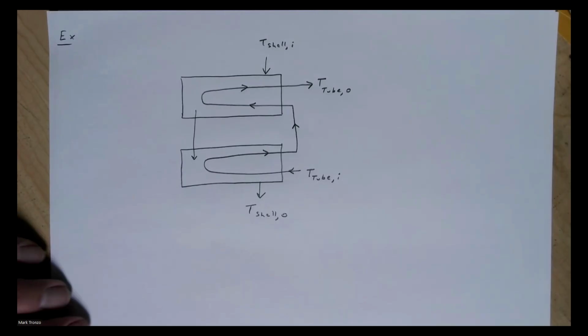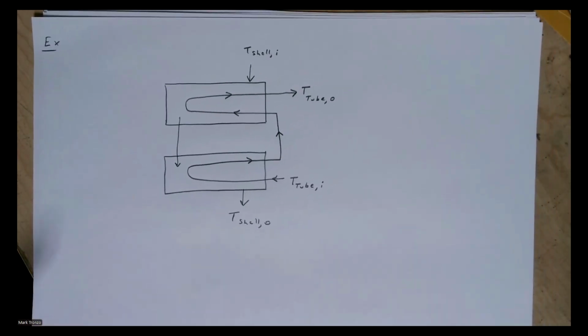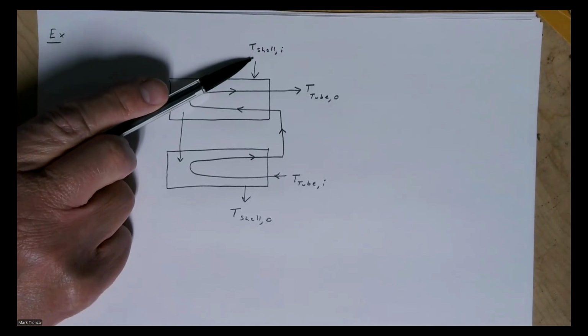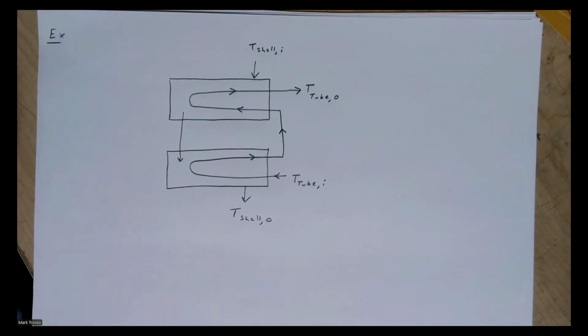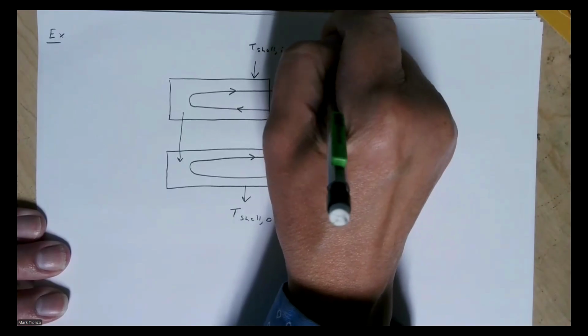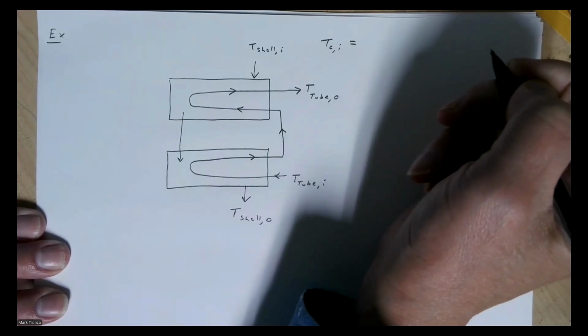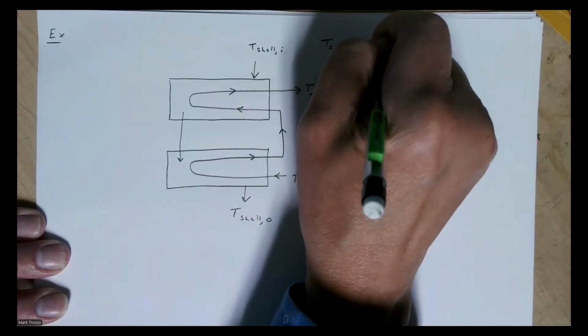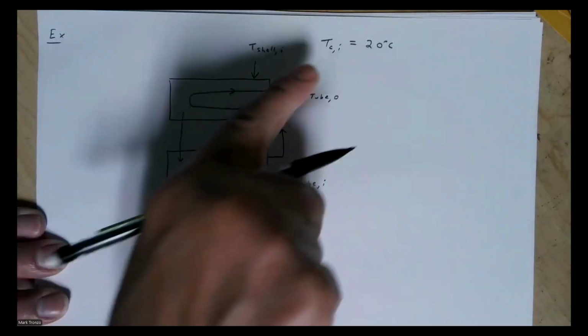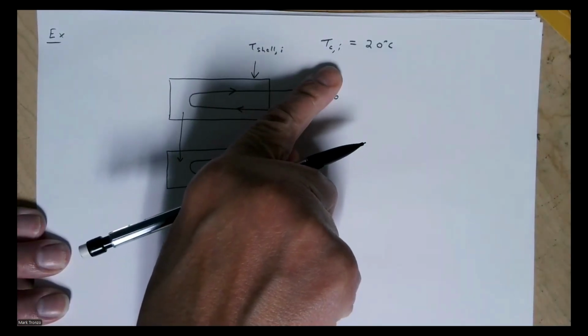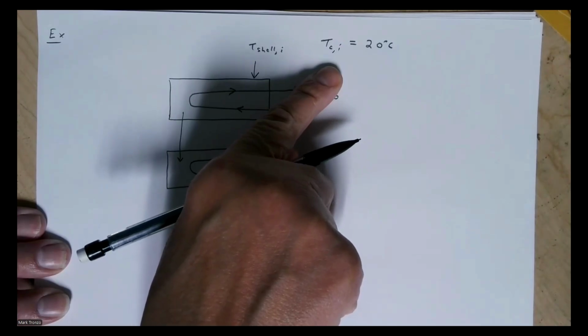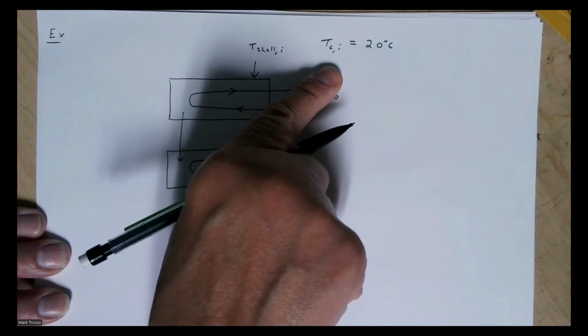So we have a picture something like this. We have our water coming in this way, and it's coming in at 20 degrees C. And maybe this is going overboard with the notation, but you could also say over here the water is a cold fluid at 20 degrees C entering, T C I. And for this one, we don't know the mass flow rate of the water.